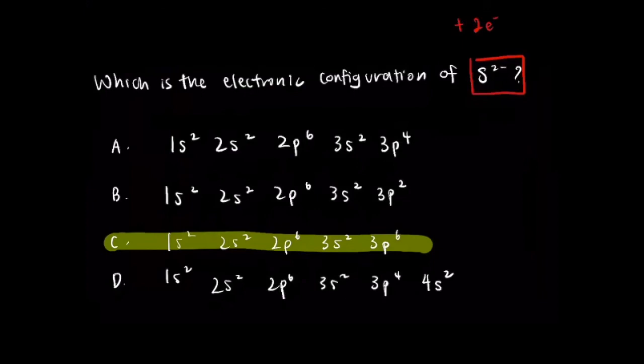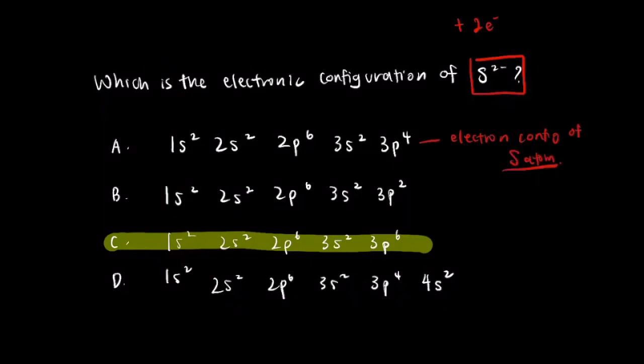So what I prefer to do is I will write out the electronic configuration of the parent atom first, meaning I will not consider the ion, but just the sulfur atom. So the sulfur atom has 16 electrons, and if you've figured out the electronic configuration correctly, option 1 is the electronic configuration of the sulfur atom. All right, so now I have to add in 2 more electrons.